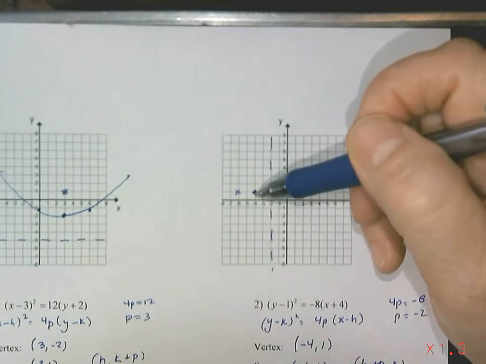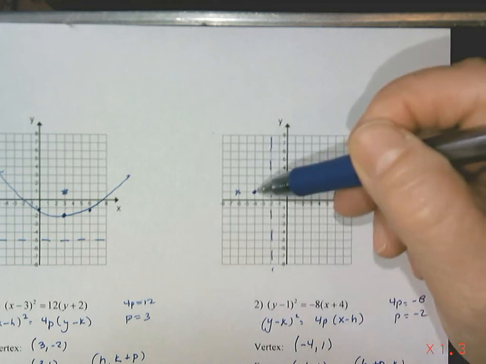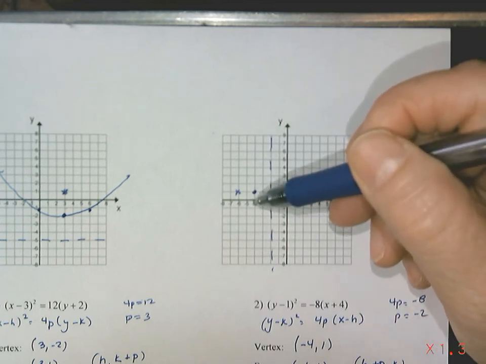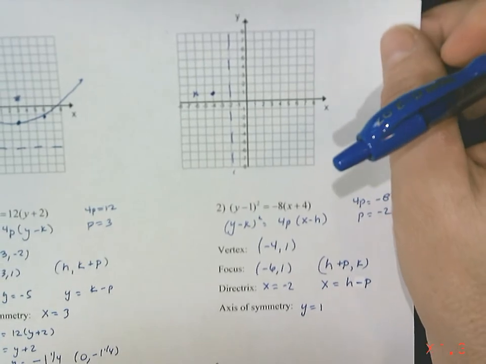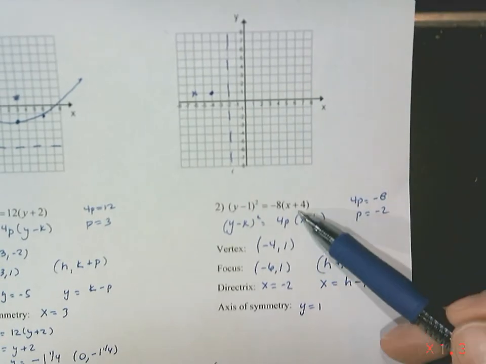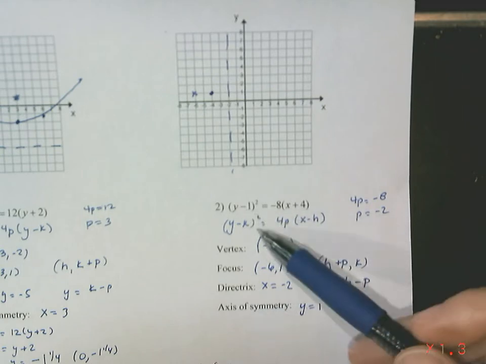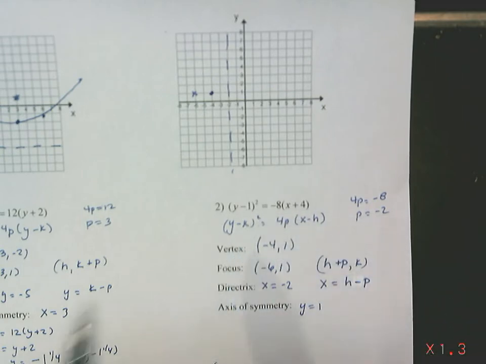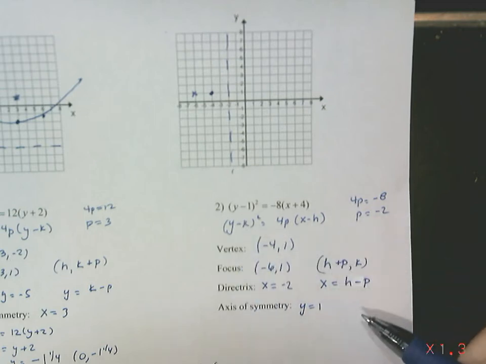And I know this is going to open right and left. I can pick any value I want and solve for the other value. I could pick an x value, and that's what most of you are used to doing. If I picked an x value, I'd put a number in for x and I would solve for y. The problem I have with that is I'd have to start taking square roots. So I'm just going to go ahead and pick for y and solve for x.